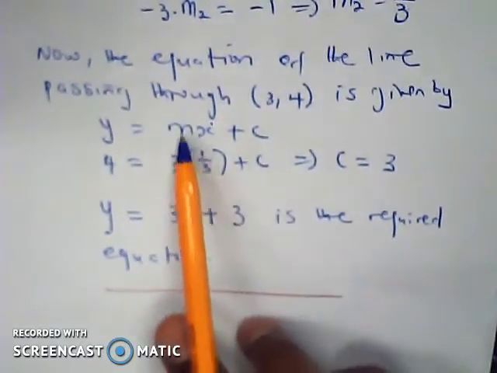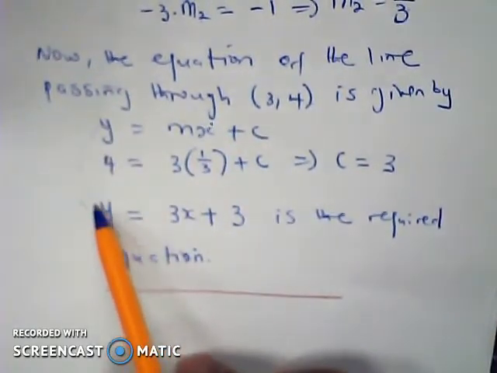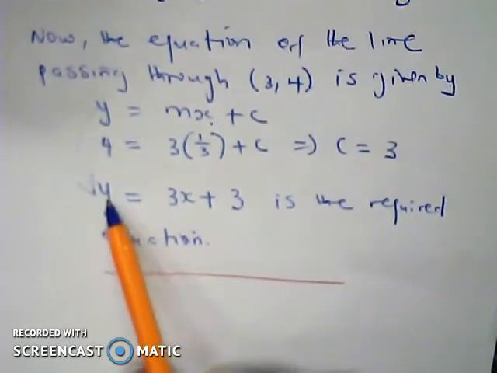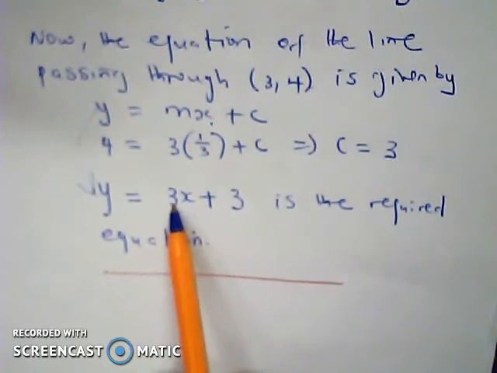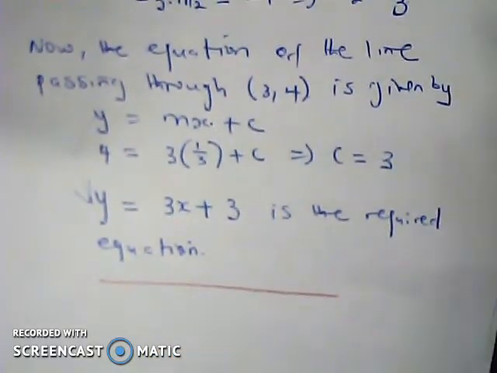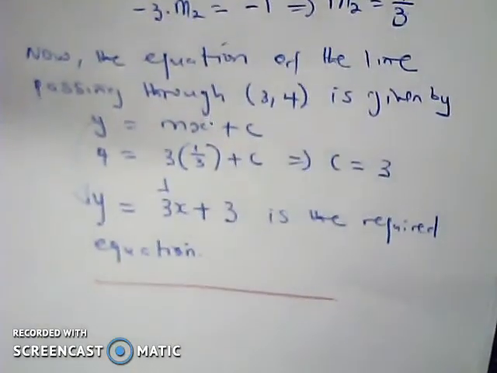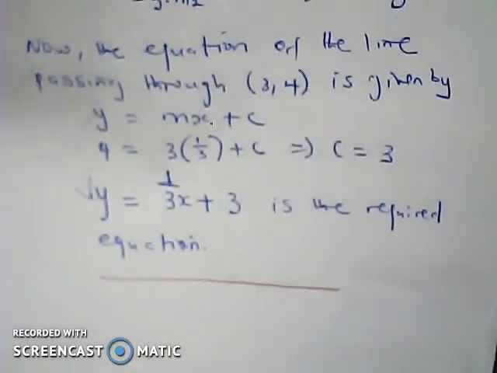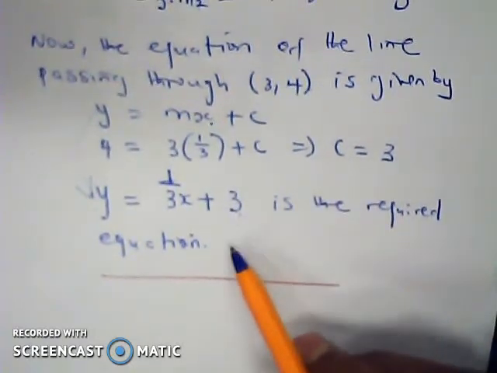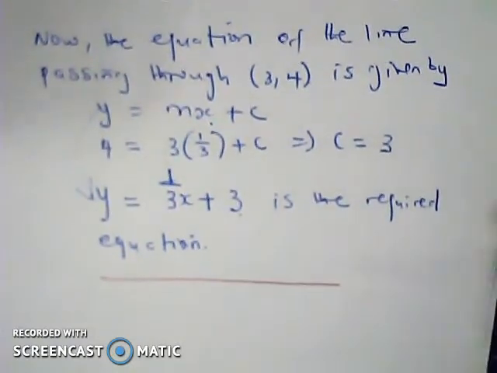After solving for c, I write my equation in the general form of a line: y equals my slope, 1 over 3, x plus my intercept, which is 3. This is the equation of the line. Thank you.